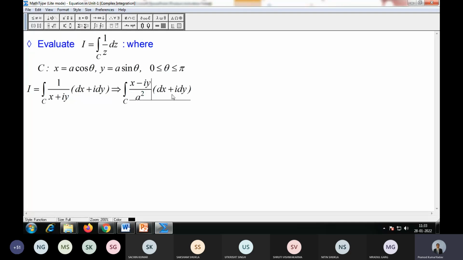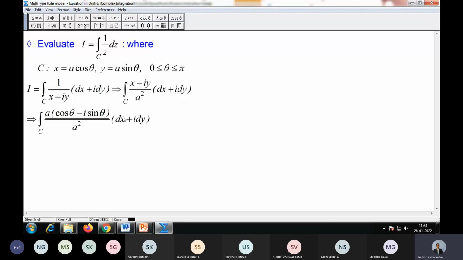Now we are going to use the parametric equation directly here without taking another concept. So x equal to a cos theta, we may use, then minus iy, where y is a sin theta. So we may take a common, it means cos theta minus i sin theta within the bracket.